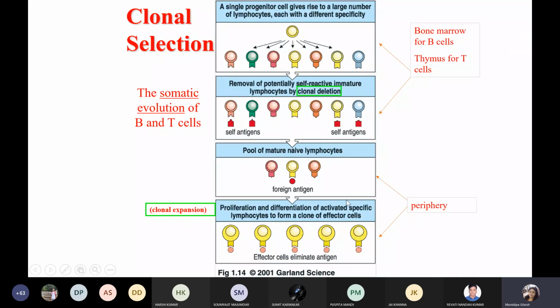But when the foreign antigen comes, the signal is given by the brain, there is time enough to get charged, and there are different populations of B cells arising in different lymph nodes. The B cell which is interacting with the foreign one will be chosen naturally in the peripheral lymph nodes, and it will be clonally expanded.